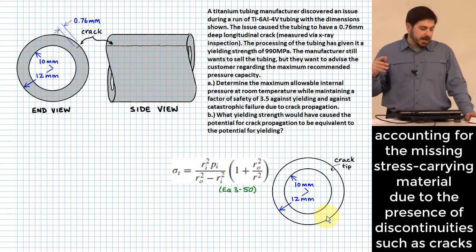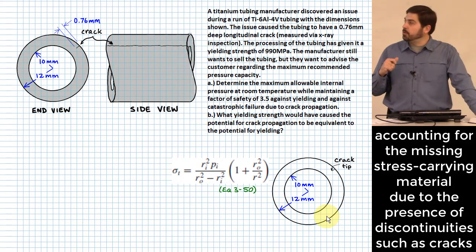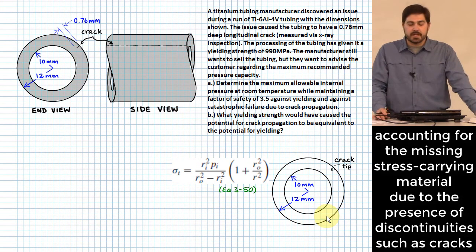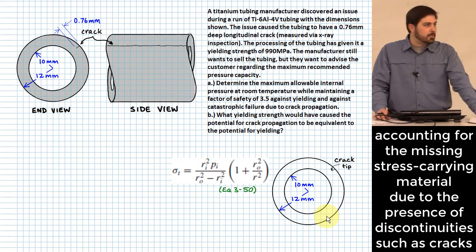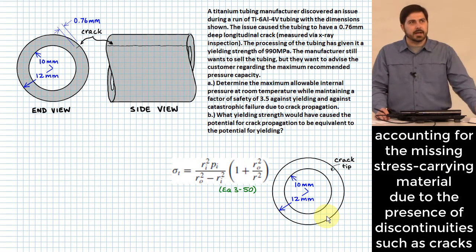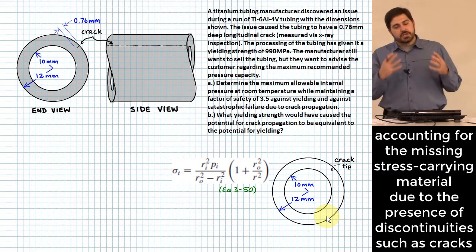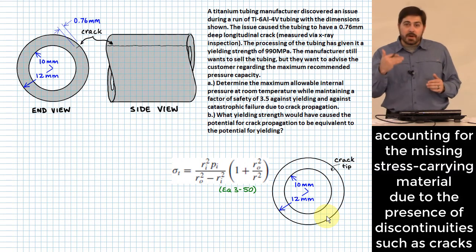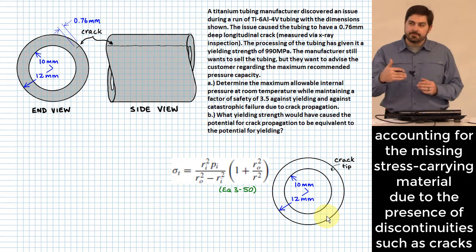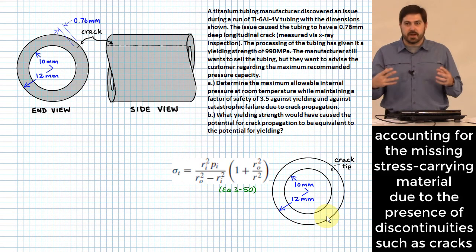Okay? I'm going to mention this, that when you do these problems regarding this sort of possibility of catastrophic failure due to cracks, I've reviewed a good number of example problems that are out there, and it looks like some of the authors don't try to do an adjustment for the fact that once you have a crack in your part, that's less area that you have to actually carry stress.